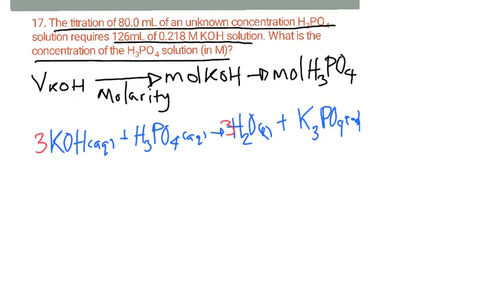So the volume of KOH, that's where we're going to start our dimensional analysis. It's in milliliters. I'm going to change it to liters. So 126 milliliters is 0.126 liters. So we have 0.126 liters of potassium hydroxide.